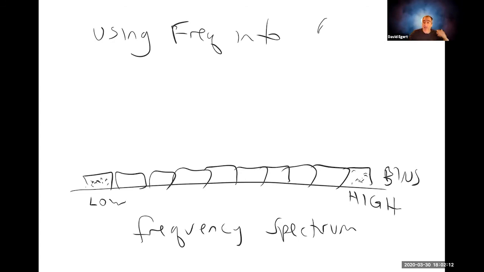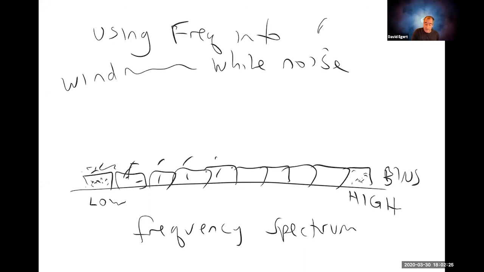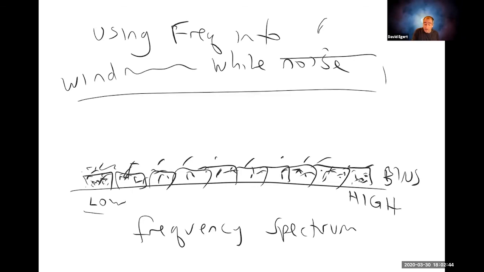In general, a lot of the noise that we don't care about, like wind and stuff, what we call white noise, is kind of equally spread out. It might be a lot of energy, but there's a lot of it in the low and the mids and the highs. You don't see it really focused in any particular frequency band. So a lot of noises tend to be more evenly distributed.